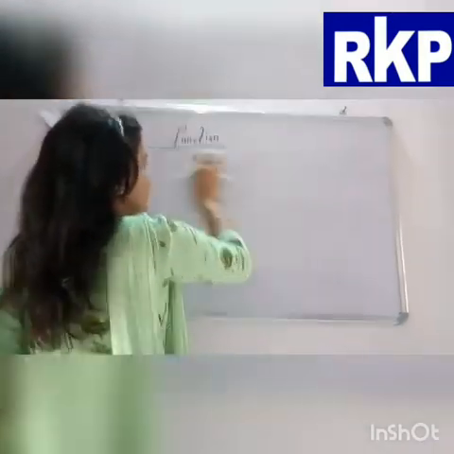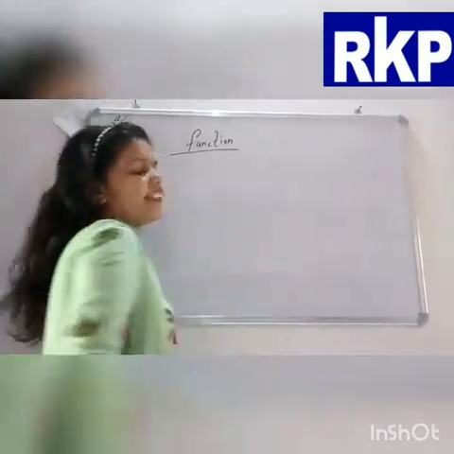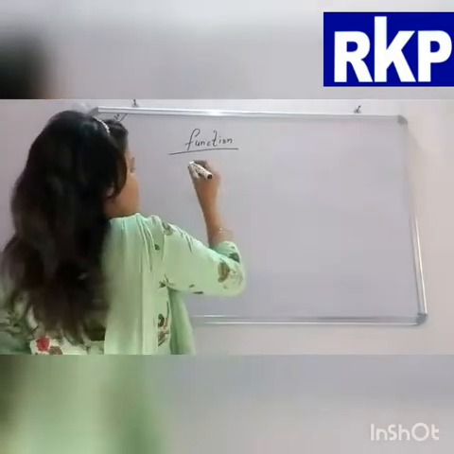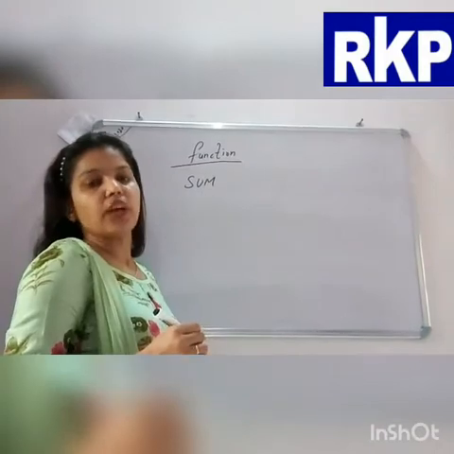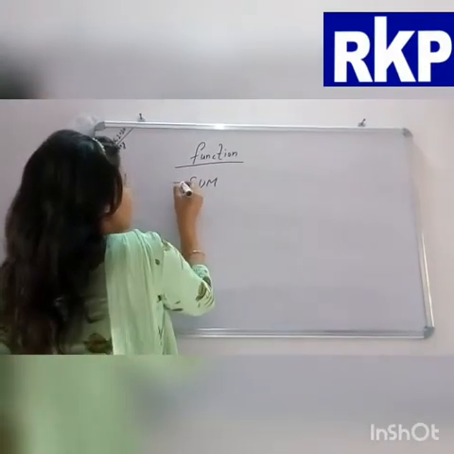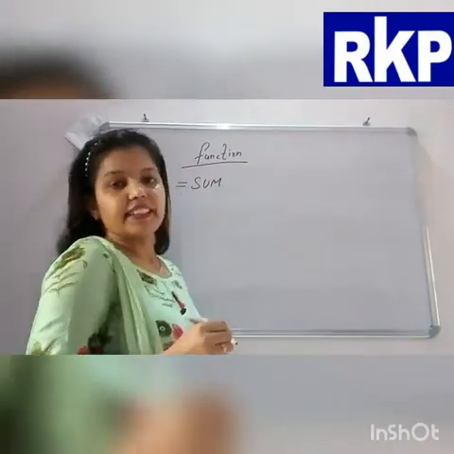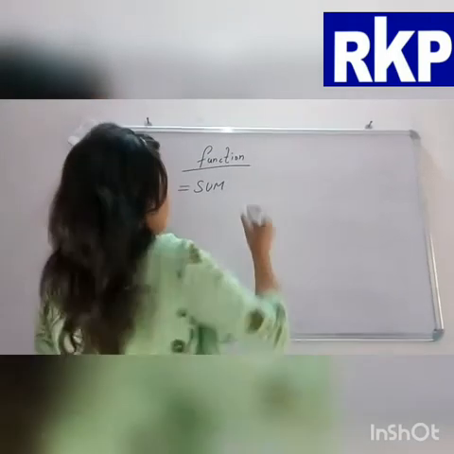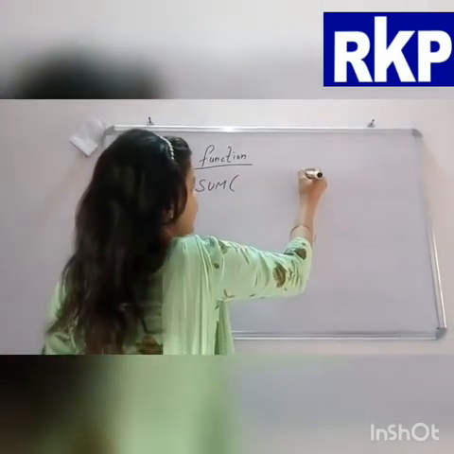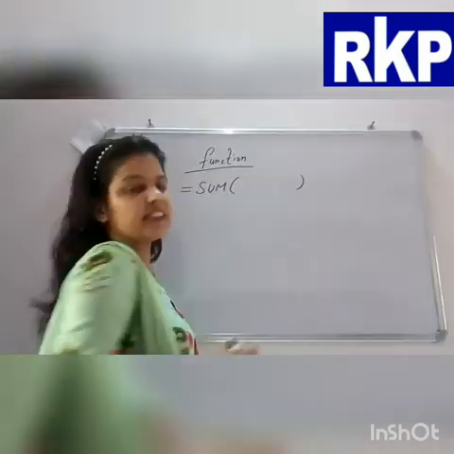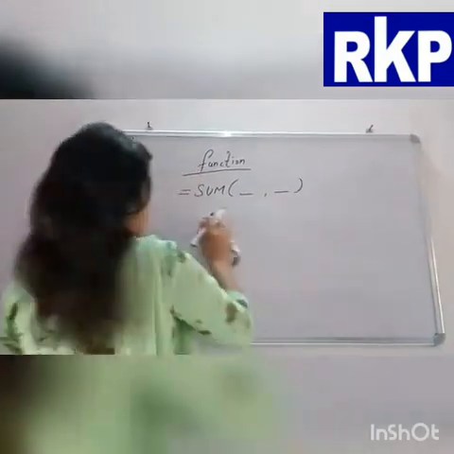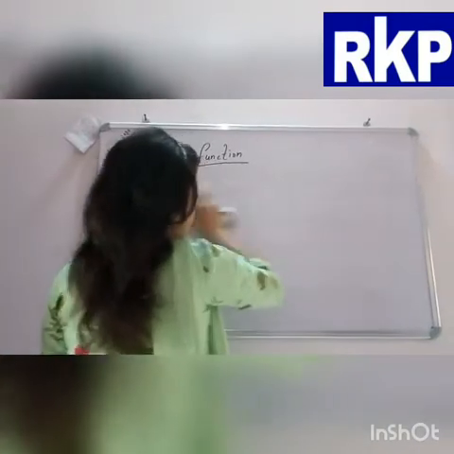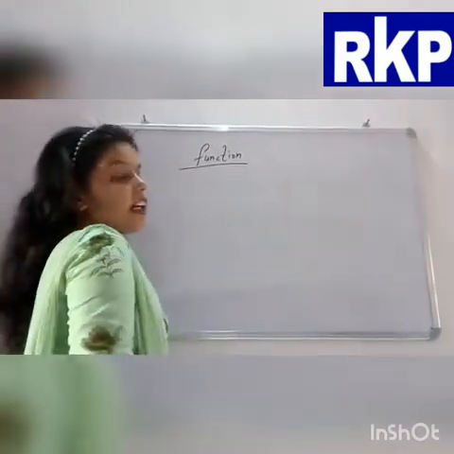So in Excel, we have some predefined functions to perform actions, like sum is a function to do addition. For this, we have to write equal sign here and then open parenthesis and close the parenthesis and write the parameters here.